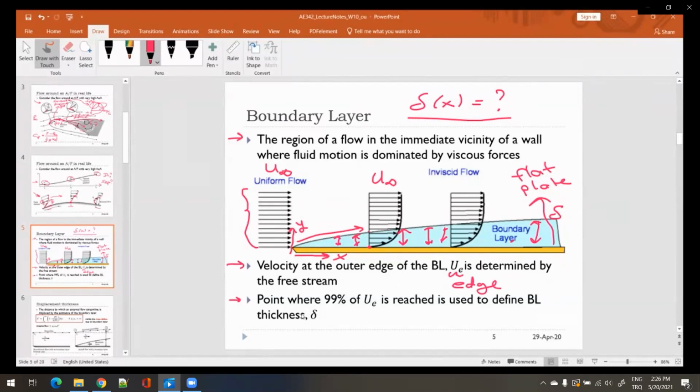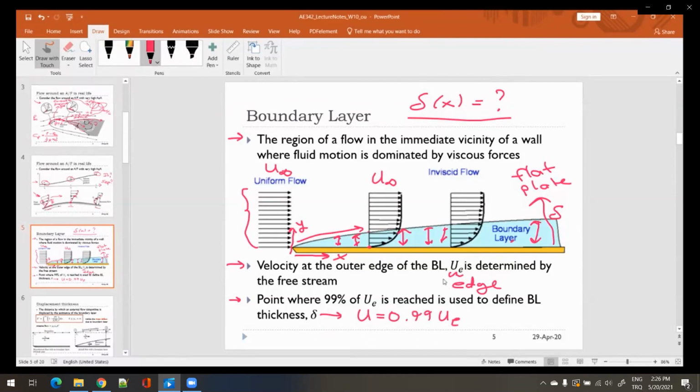And this is determined by the freestream. Generally, the definition of delta, the boundary layer thickness, is that delta is the distance along the y coordinate where u, the velocity, becomes equal to 0.99 of UE.